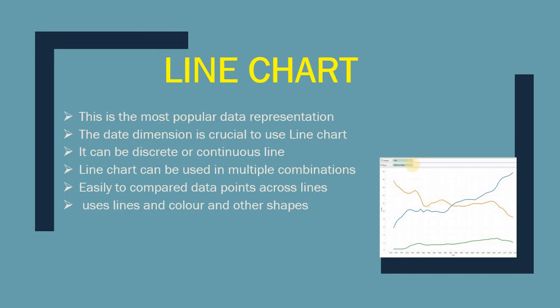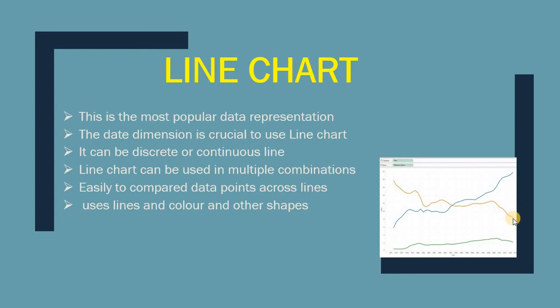So as we can see, it is easy to interpret and to see. For example, for the blue one, we can see the data is going up. We can see that's an increase, but for the orange, we can see that it is going down.